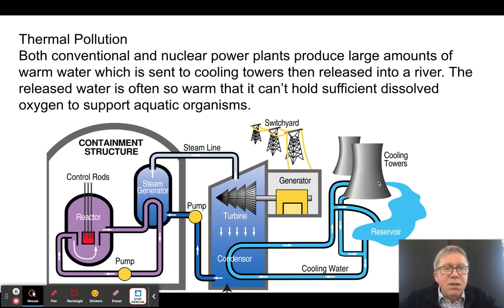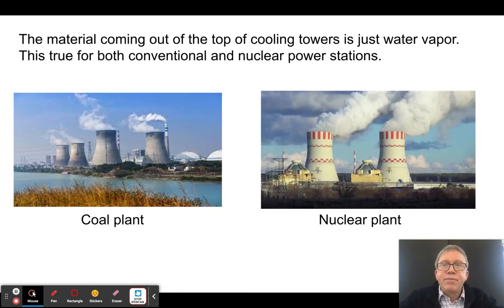A lot of the water released from these cooling towers is still warmer than the ambient temperature of the river water that came into it, and this leads to a thing called thermal pollution, which has a series of environmental impacts that we'll study later in the year. Now, what comes out of the cooling towers in both cases is just steam, just water, nothing else.